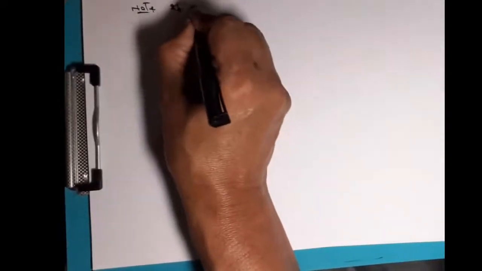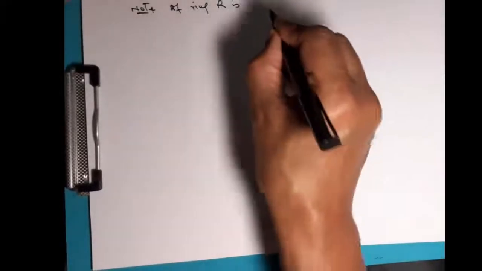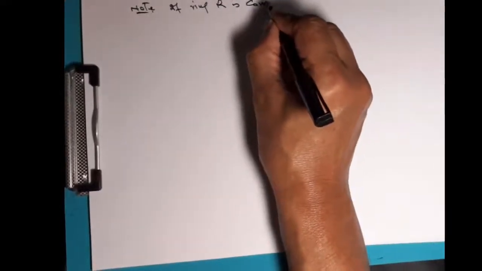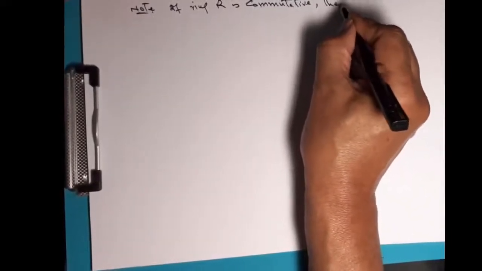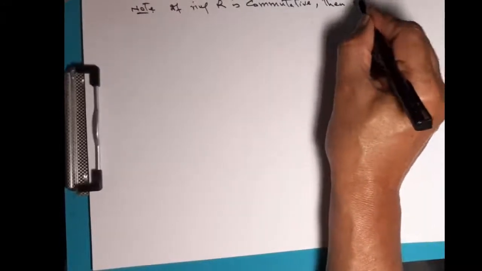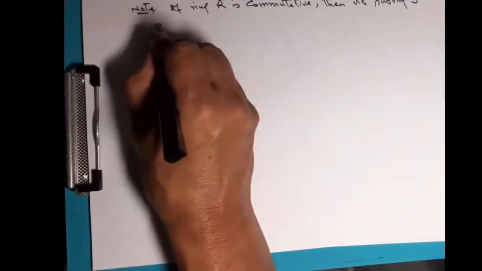If ring R is commutative, then its subring S is also commutative.